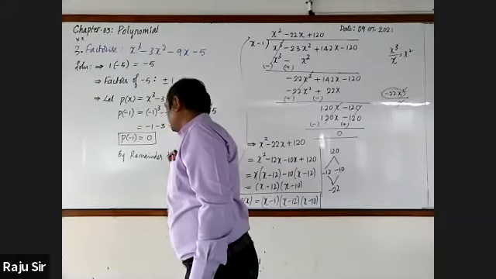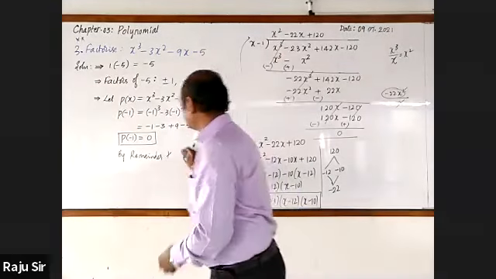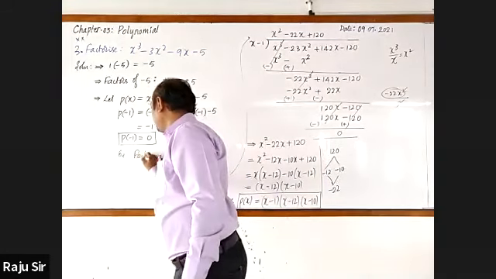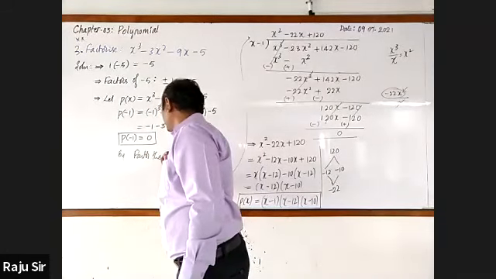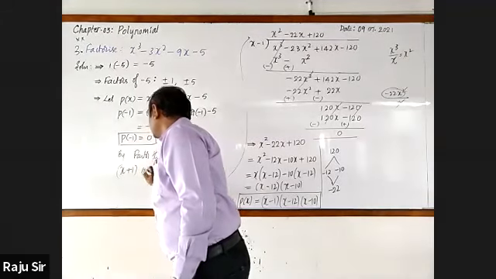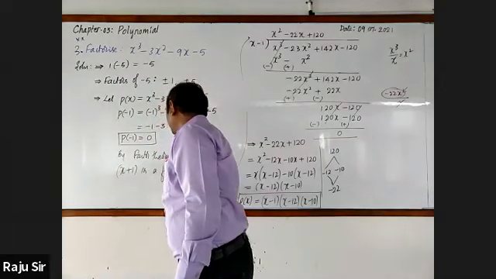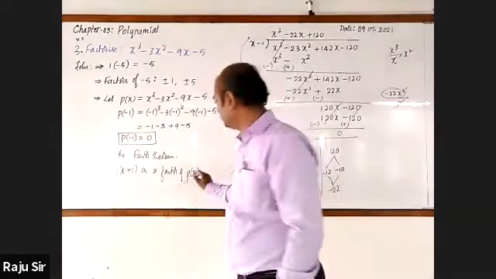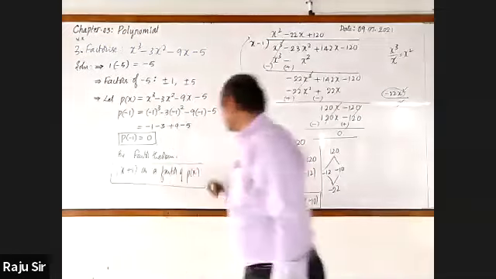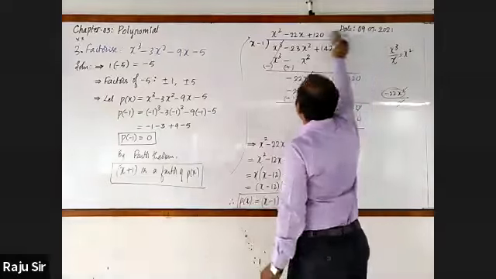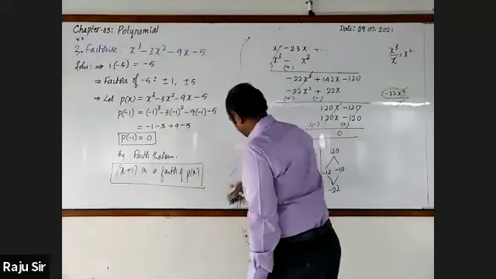By factor theorem, x plus 1 is a factor of P of x, nothing but the given polynomial. So from this x plus 1, we should start dividing the given cubic polynomial.